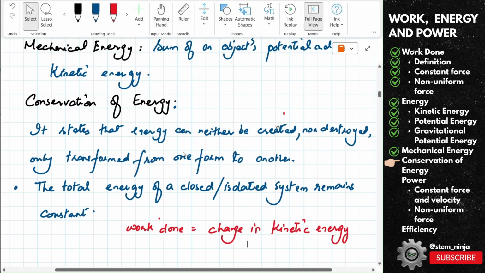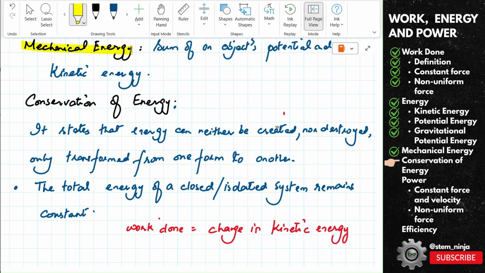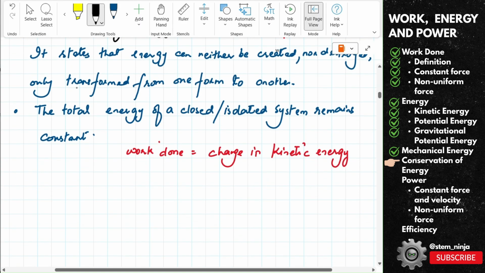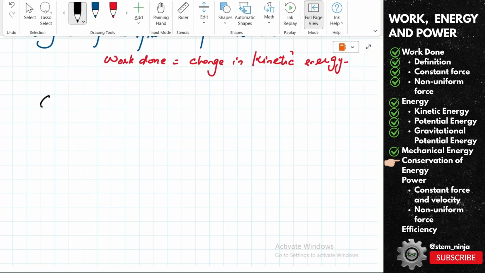But in mechanics, we want to know the conservation of mechanical energy, the exchange between the kinetic and potential. Potential, all kinds of potential, not just gravitational, but elastic also. So let's distinguish between the two. So the conservation of mechanical energy.